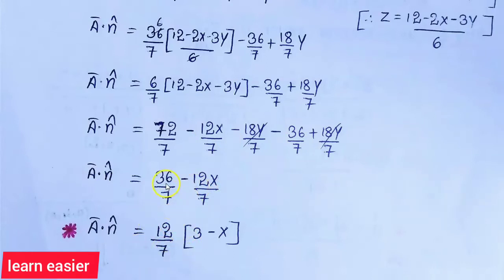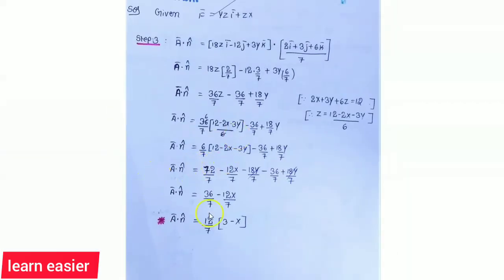We have 3 here and here is x only. So let's multiply: 12 times 3 is 36 by 7 and 12 into x by 7, that is minus 12x. So we get the same answer if you take the common 12 by 7 from these terms. So as much as you can, simplify this, so it will be easier at the time of integration.